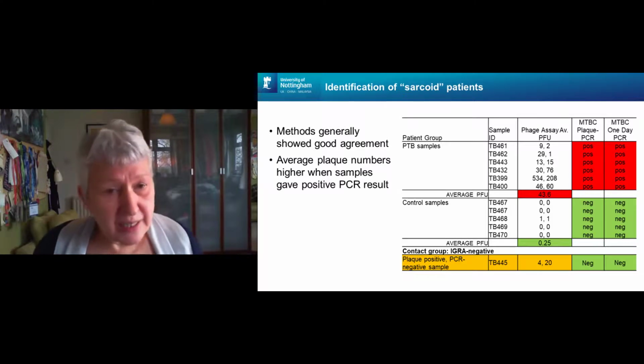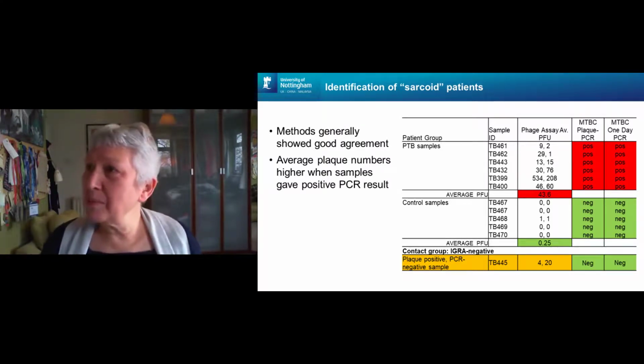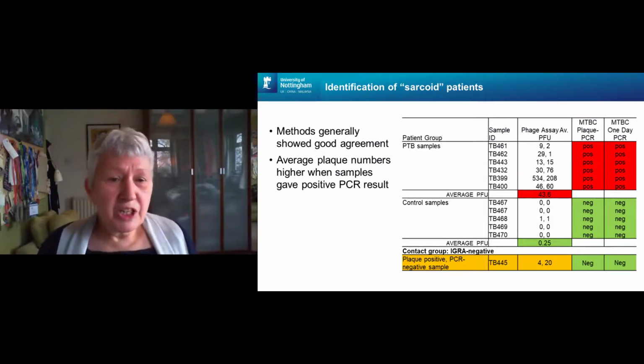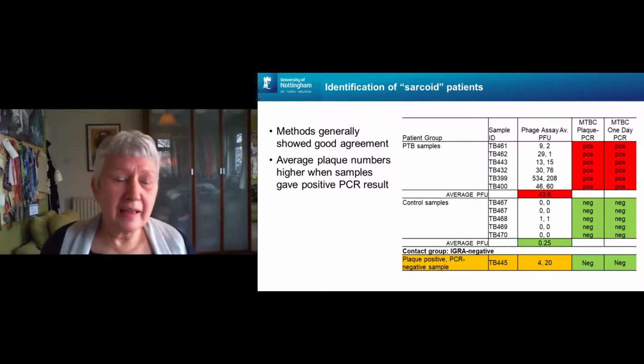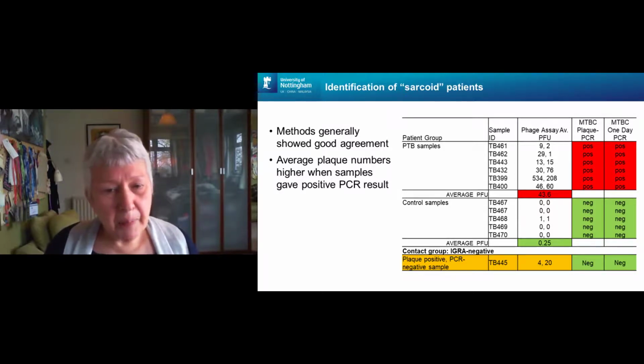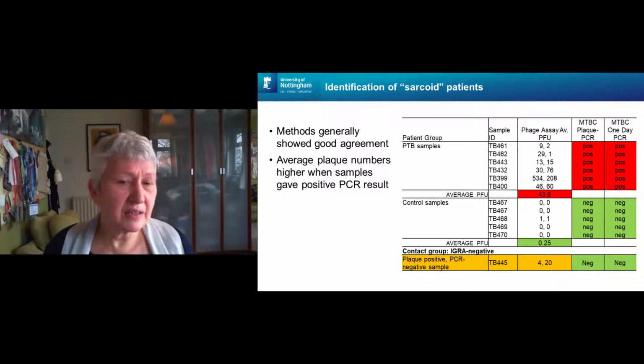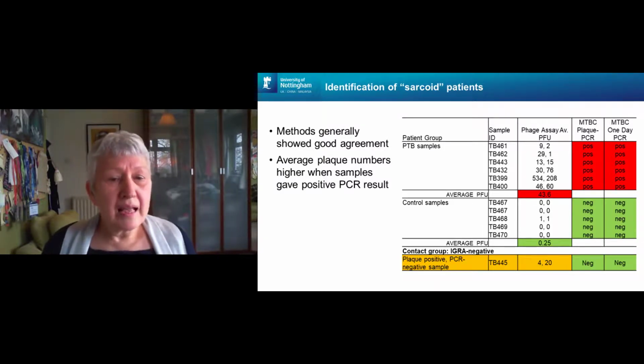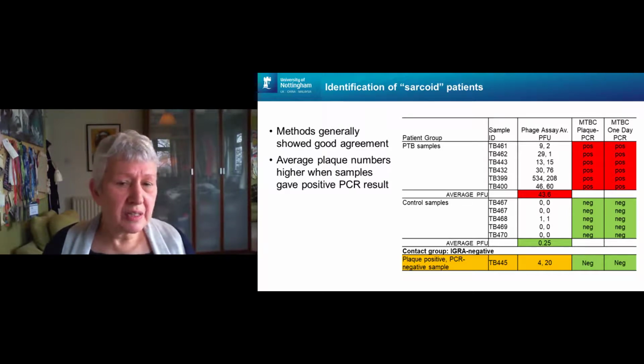Now, interestingly, and this goes back to the map, generally speaking, if we look at the number of phage we were detecting in the different groups, we can see that the positive samples gave an average number of cells detected of 43.6 cells per mil, whereas our control samples, very few mycobacteria detected, 0.25.